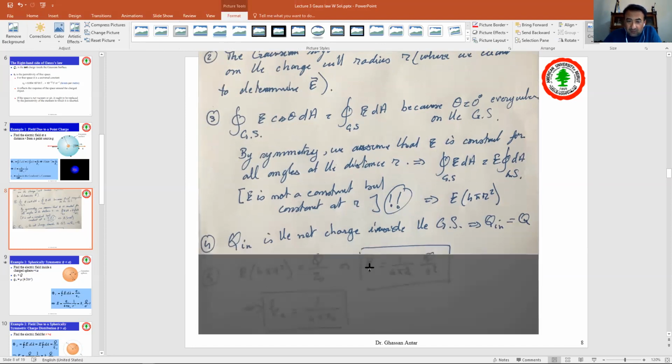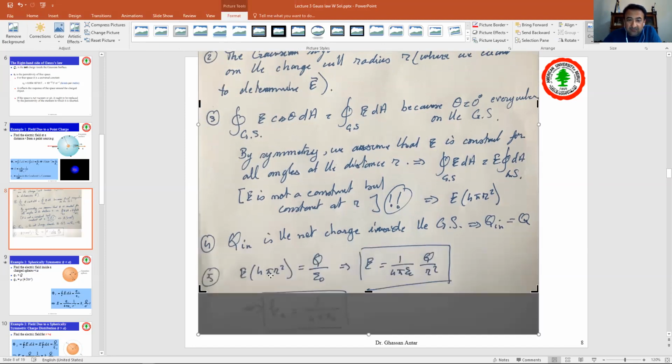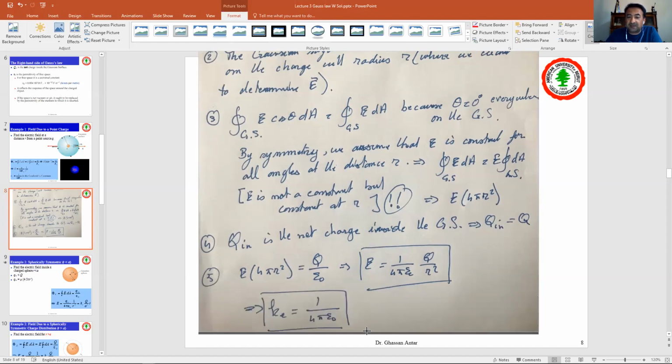So what do I have? The integral will give me E multiplied by 4 pi r squared, and the right-hand side of the equation will give me Q divided by epsilon 0. Consequently, my E will be 1 over 4 pi epsilon 0 times Q over r squared. And now I actually have the expression of the Coulomb's constant.